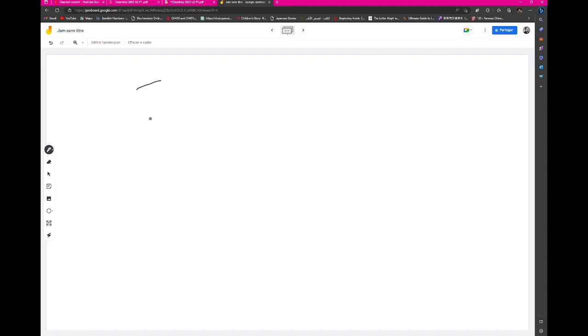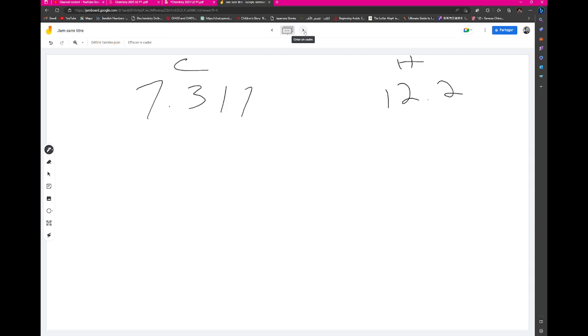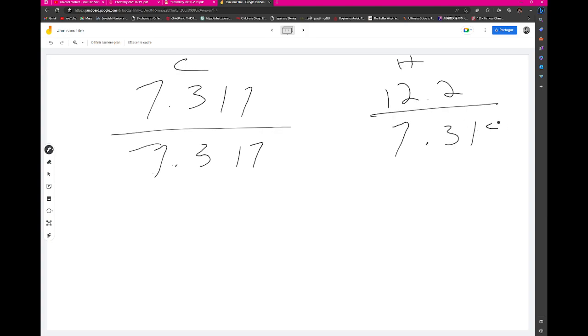So if I have 7.317 moles of carbon, and for hydrogen I have 12.2, we're always going to divide by the smallest number. 7.317 divided by 7.317, because isn't this how we find the empirical formula?